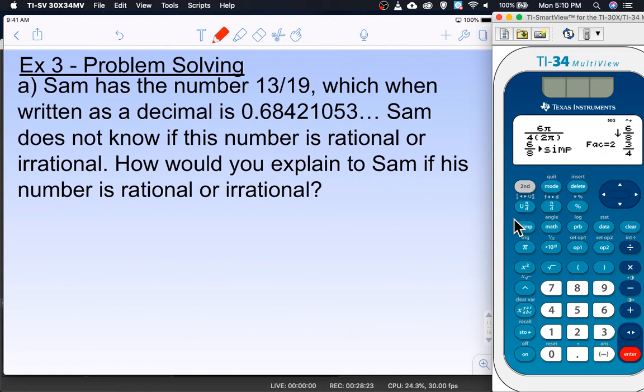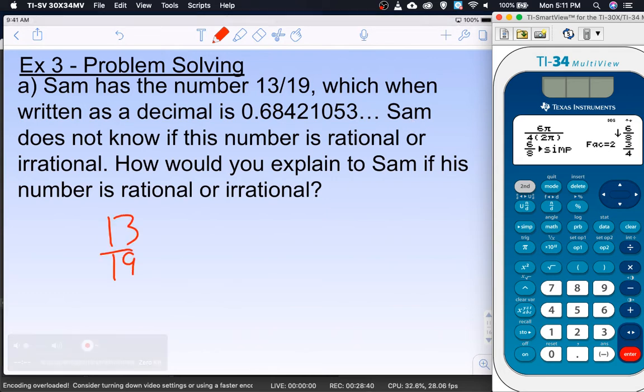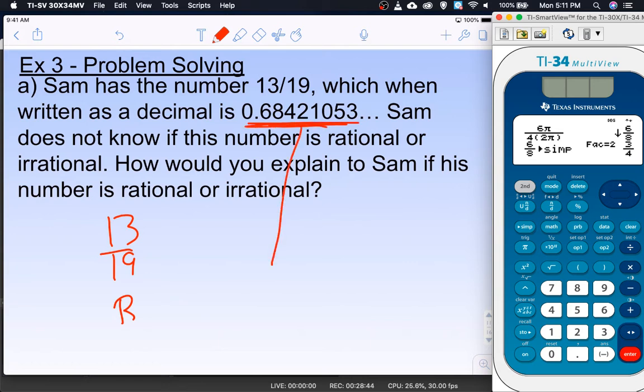So this problem is very similar to a problem we've done once or twice already. It looks like a rational number. I mean, it's a fraction, right? So the rule is anything you write as a fraction is rational. So 13/19 looks rational. But that decimal piece is a big ugly decimal that doesn't appear to stop.